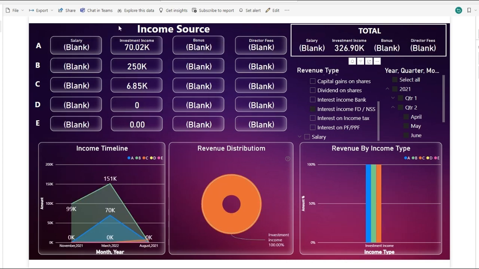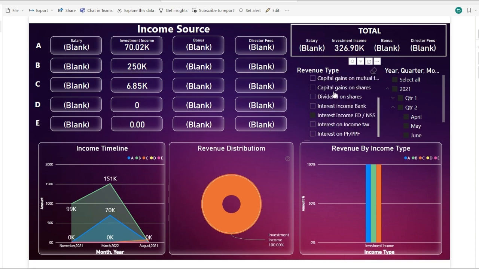As you can see, A has got 70.0k on the investment in their FD, B has got 250k, C has got 6.85k, and D and E have got 0 as an investment return on their fixed deposit account of FD.